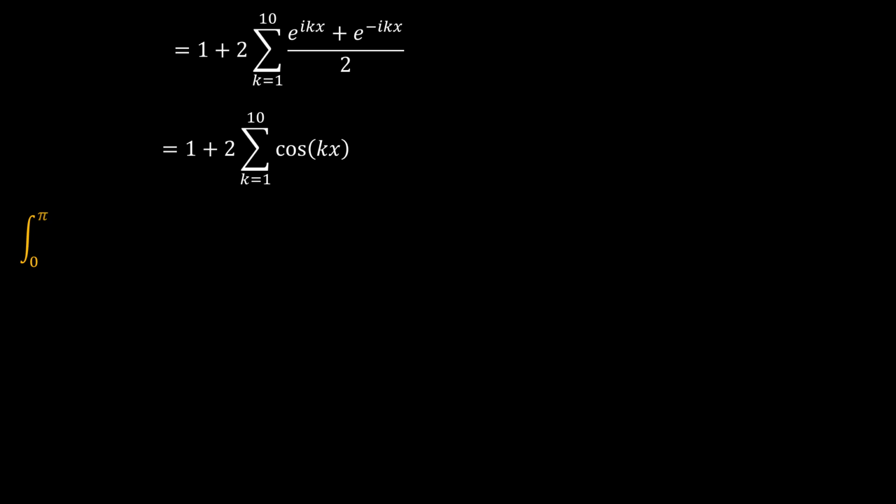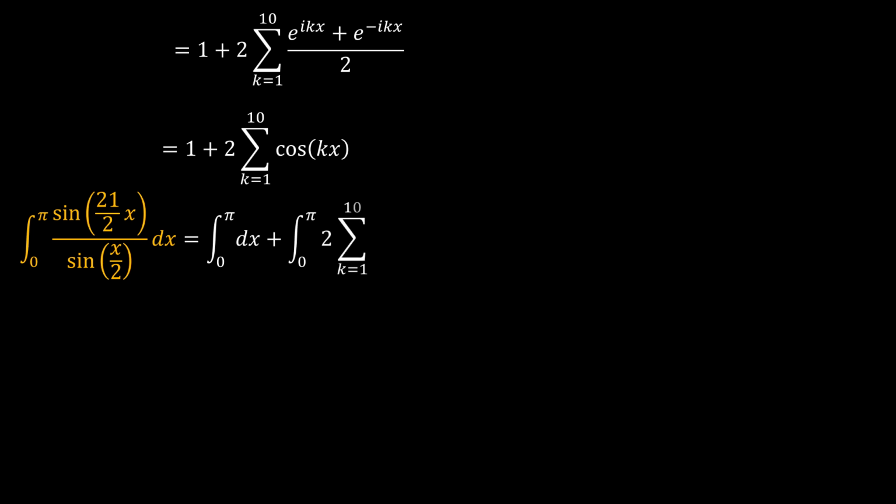We can now integrate from x equals 0 to x equals pi of sine 21 over 2 x over sine of x over 2, which is the same as the integration of 1 from 0 to pi, and then twice the summation from k equals 1 to 10 of cosine of kx.